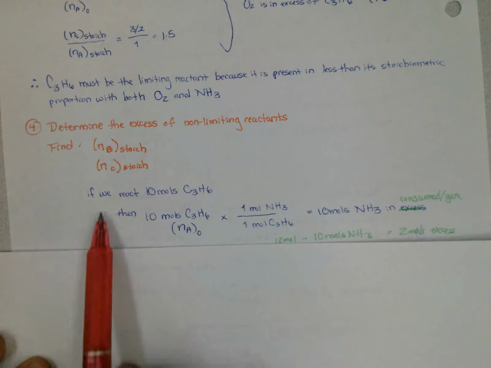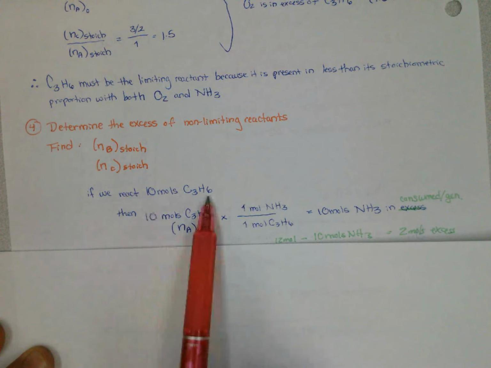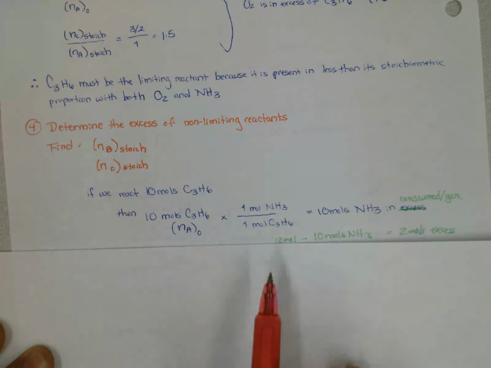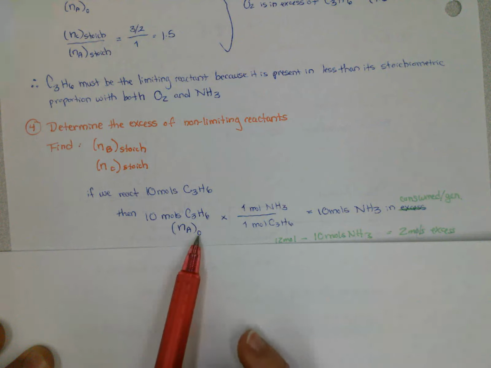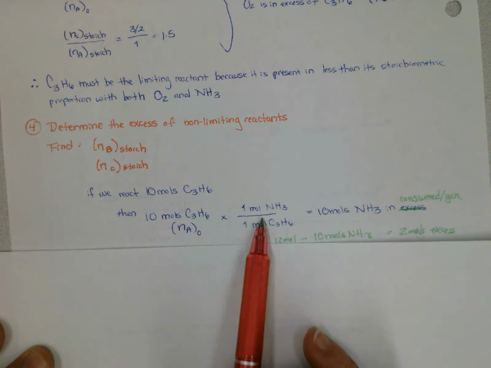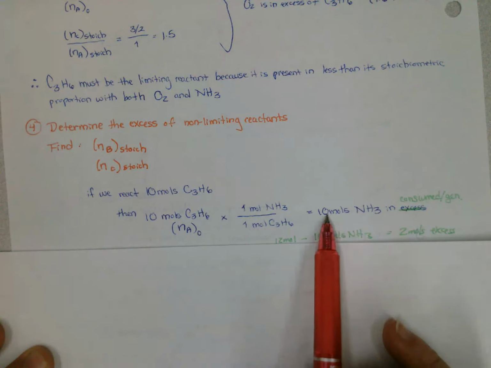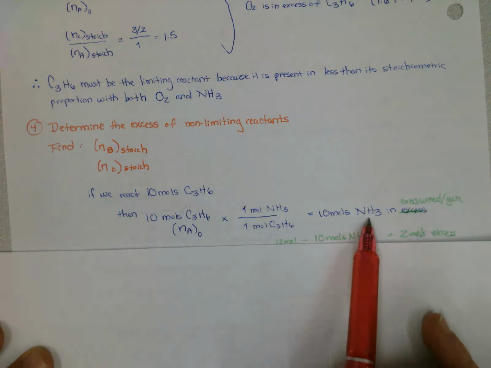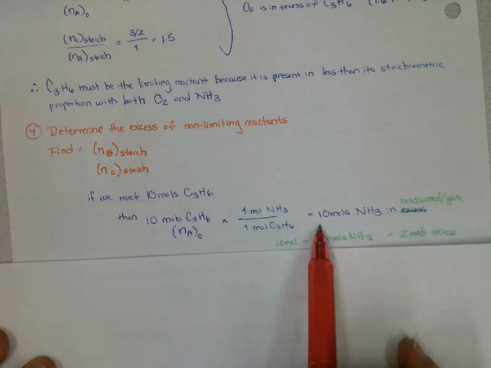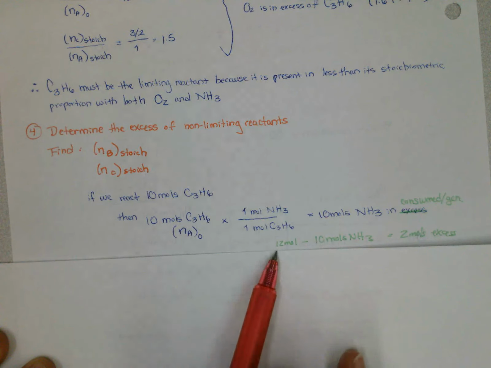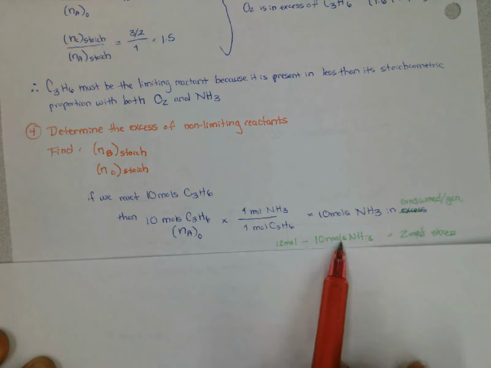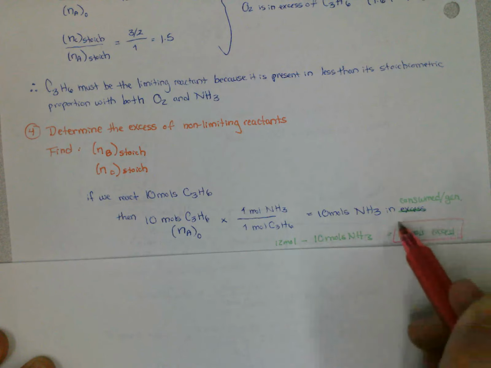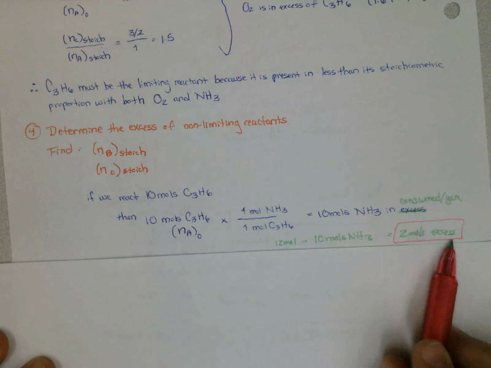So if we react 10 moles of propylene, that's your NA naught. For every 10 moles of propylene that we react, using the stoichiometric ratio, we're going to consume 10 moles of NH3. If we started with 12 moles of ammonia and we reacted 10 moles of it, that means we have 2 moles in excess.